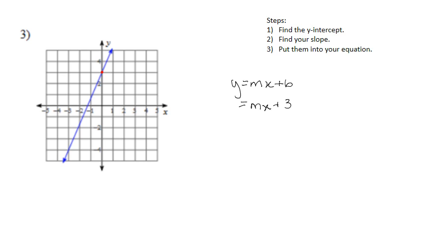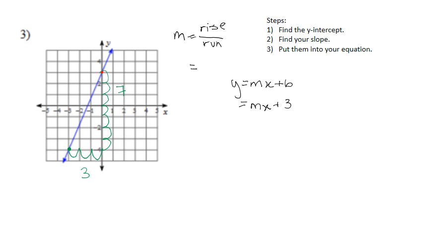And then my slope. So my m, or my slope, is equal to my rise over my run. Again I need to find a nice point, and a second nice point to work with. Then I'm going to look at my rise and my run. My run goes 1, 2, 3, and my rise goes up 1, 2, 3, 4, 5, 6, 7.